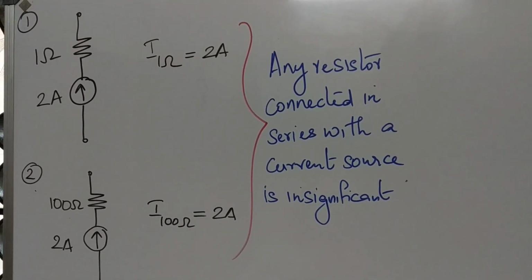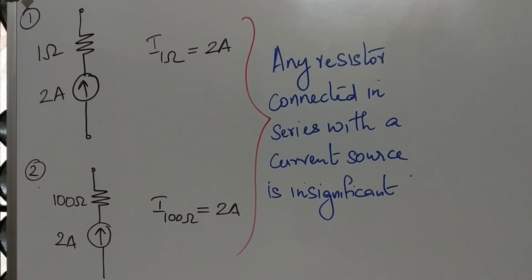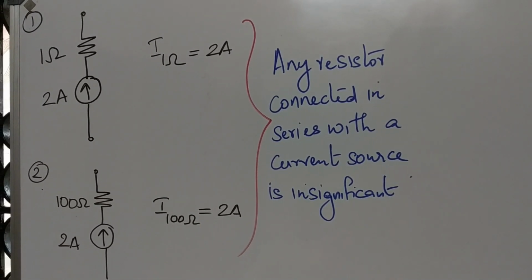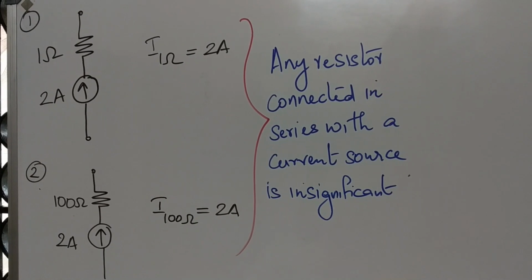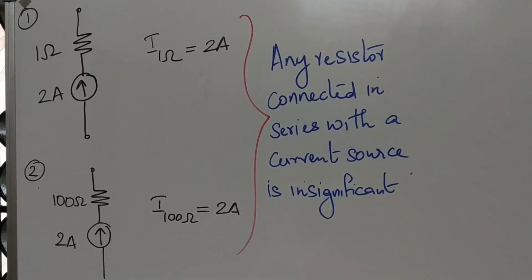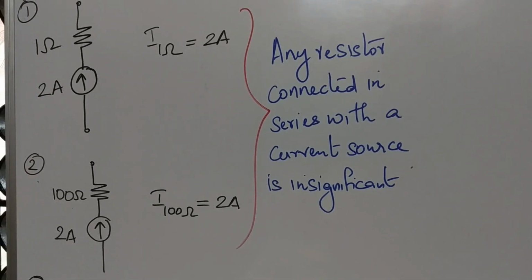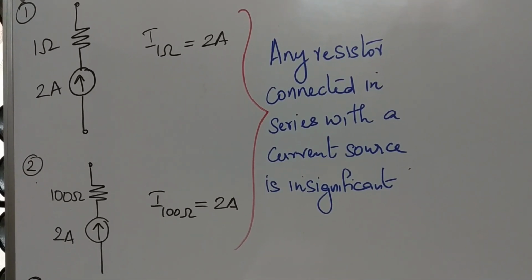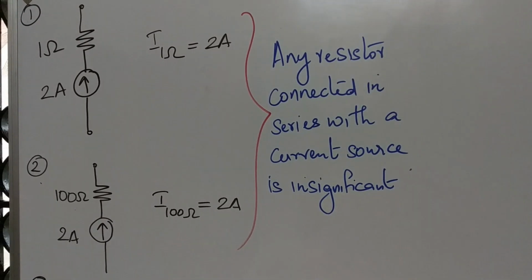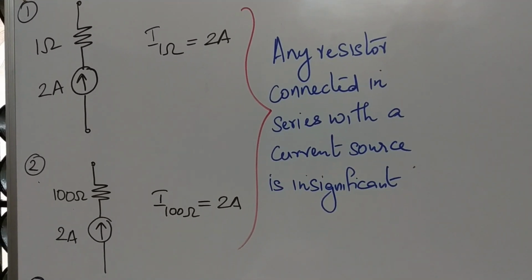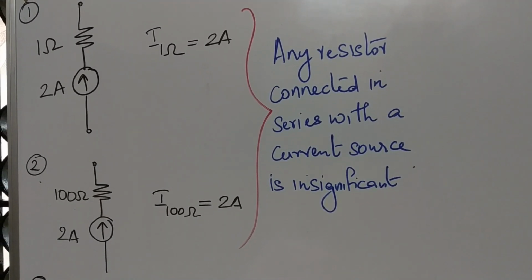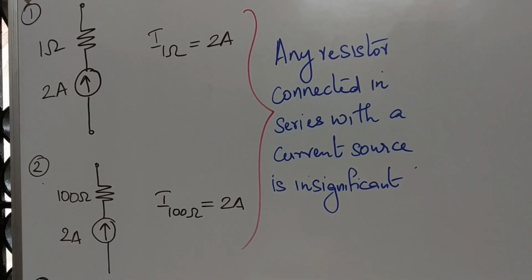Then what will be the current flowing through the 1 ohm? When you connect a current source in series with 1 ohm, definitely the current flowing through 1 ohm will be 2 ampere. In the same way, in the second case, I am connecting a 100 ohm resistor to this 2 ampere current source. So what will be the current flowing through the 100 ohm? It will also be 2 ampere.